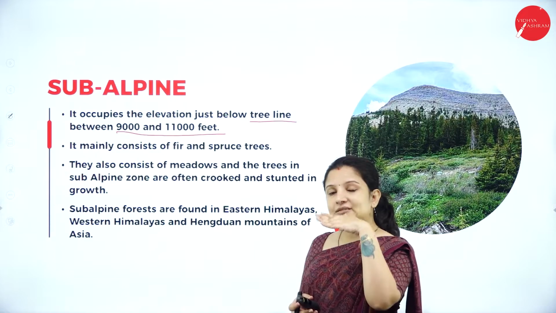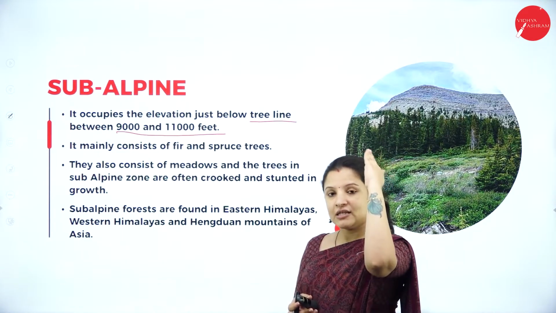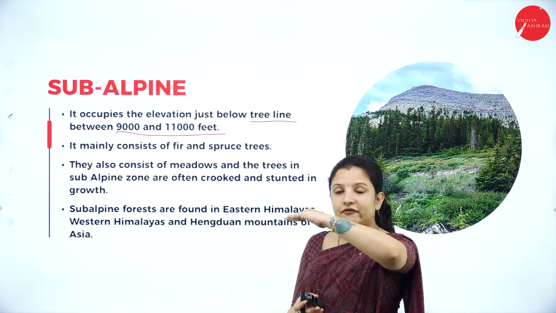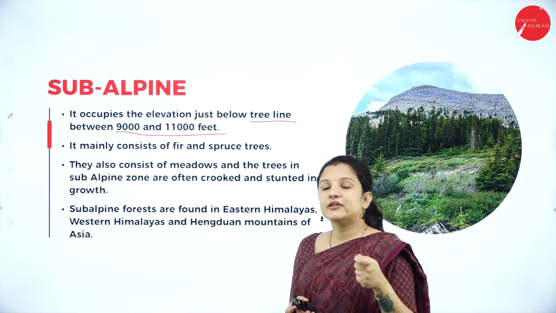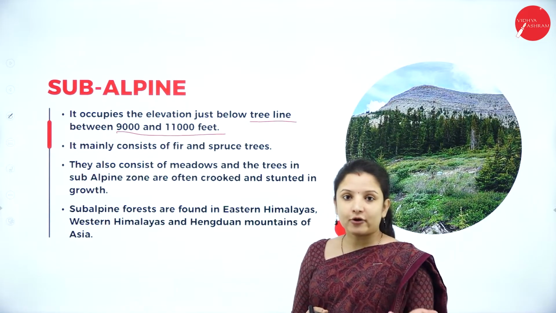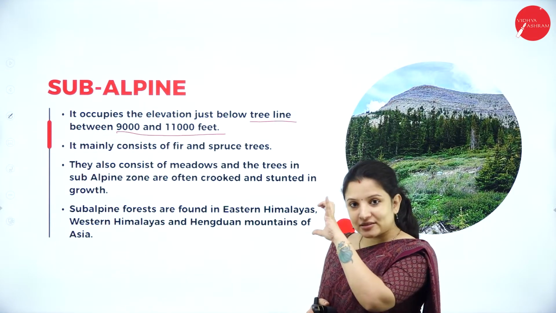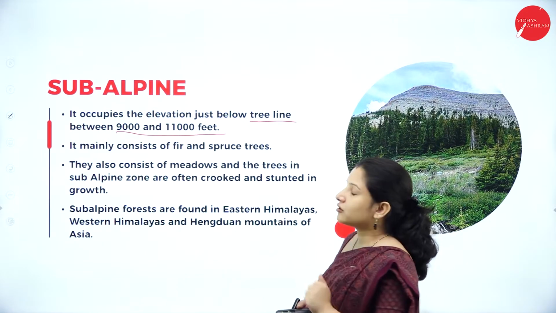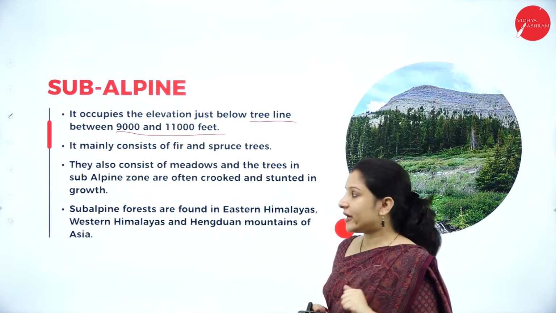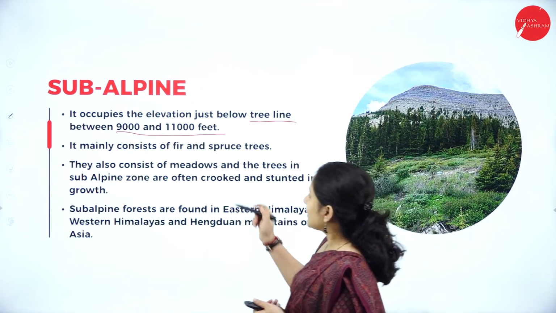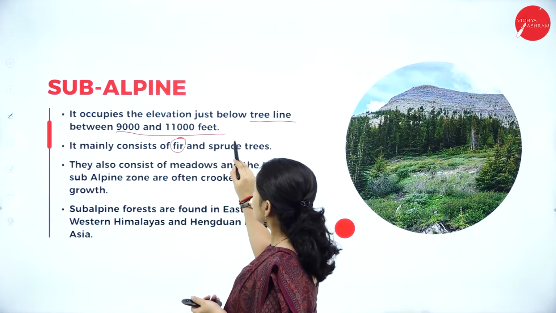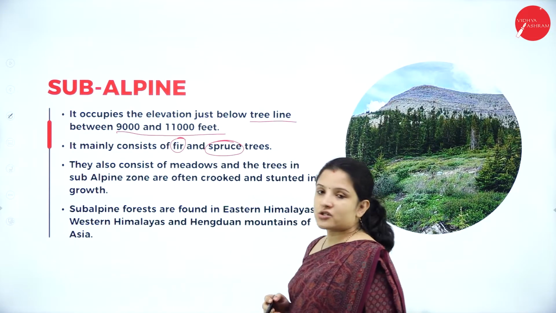That is, it consists completely of coniferous trees, just below where the coniferous trees start. So coniferous trees means pines and all that, they are conifers, right? So where they start, just at that point, there is one region called the subalpine region of biodiversity, and it mainly consists of trees such as the spruce and the fir trees.